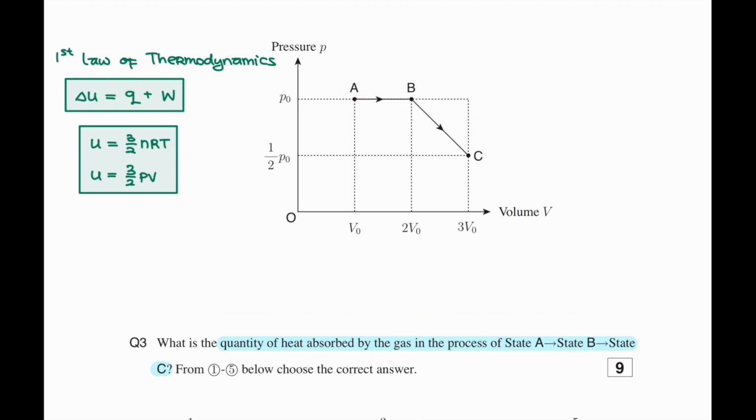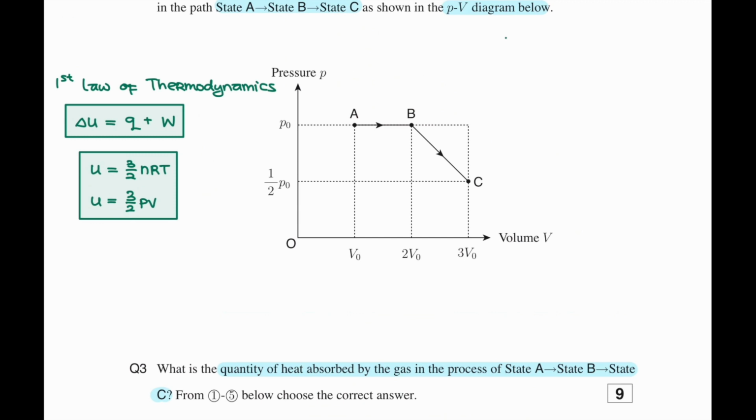For state A to state B, first of all, I will calculate the change in internal energy. Delta U is U final condition minus initial condition, UB minus UA.